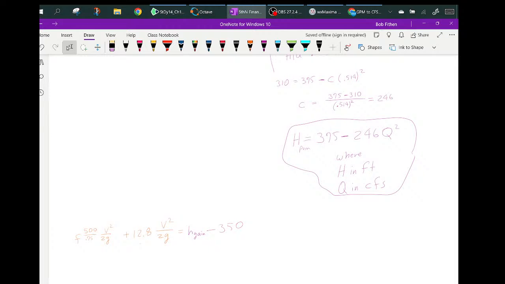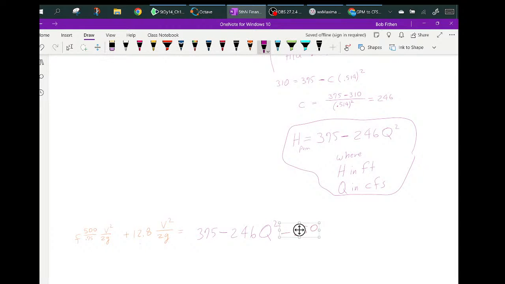I'm going to take that 350, that's how high I'm pumping, and move it over to the side. I'm going to take this head gain and subtract it off and do 375 minus 246 q squared.